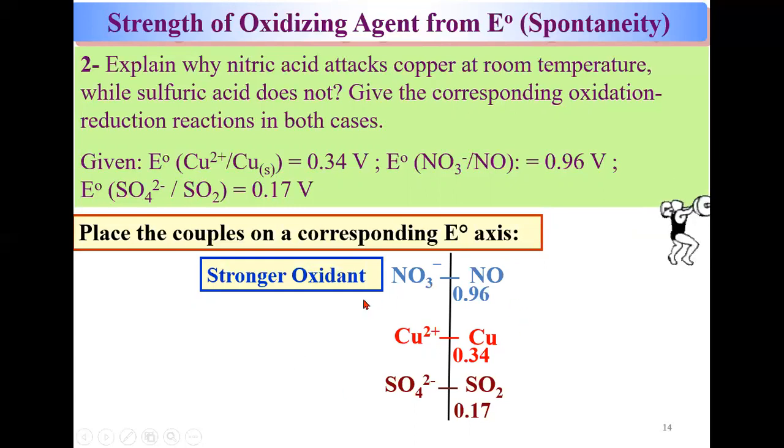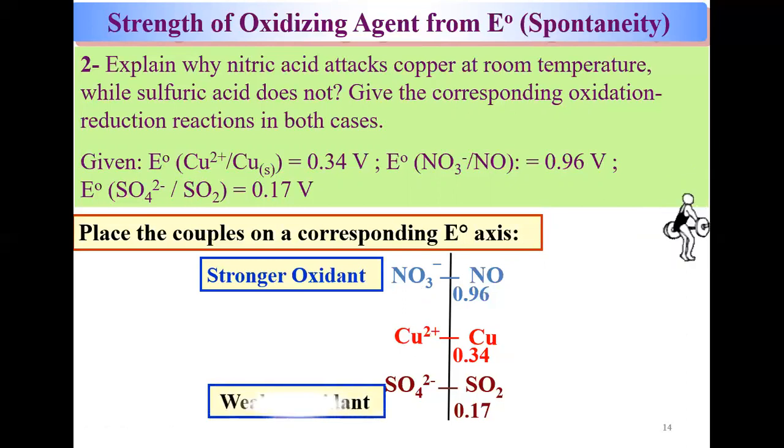So NO3-, the anion of nitric acid, which you all know is a strong acid that splits into H+ and NO3-, can react with solid copper, and the reason is that the reaction will be in the gamma direction.